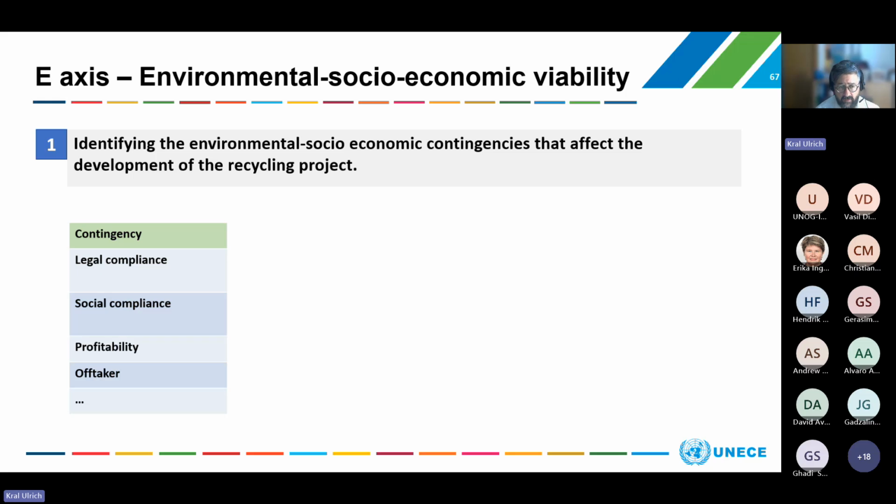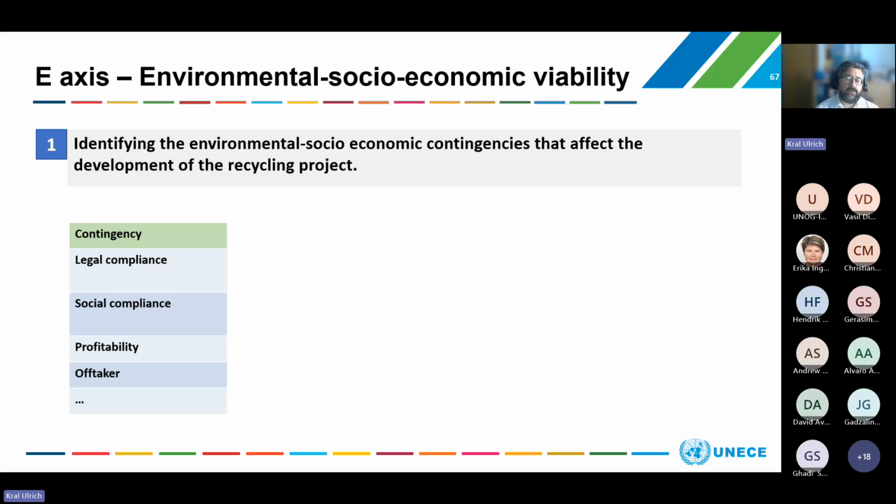You're going through the 3 axes. The first one is the E-axis, and in the UNFC, it's the environmental, social, economic viability. Yeah, and the first step is that you have to identify the contingencies or factors that affect the development of the recycling project.